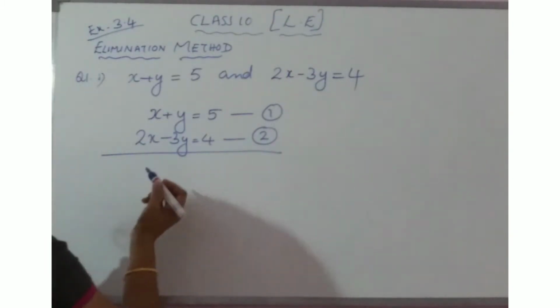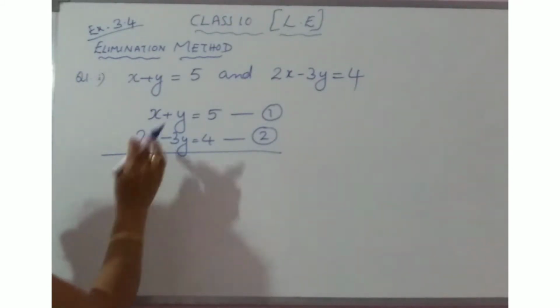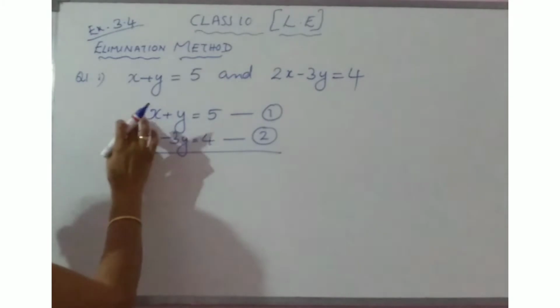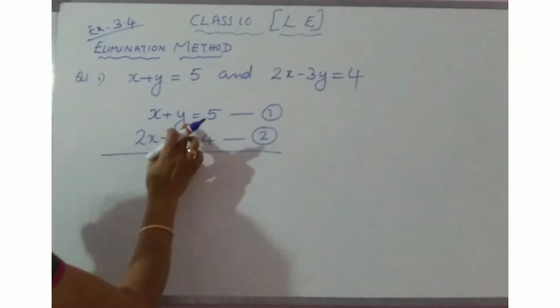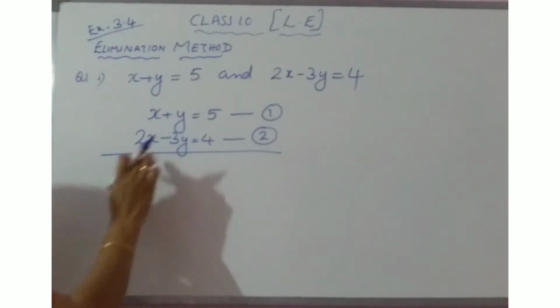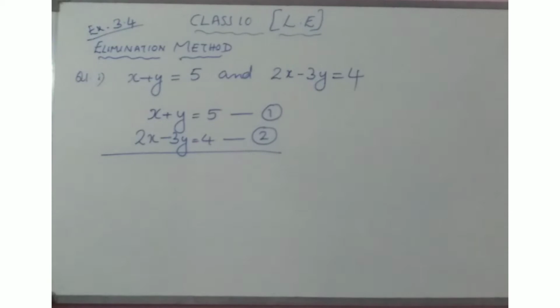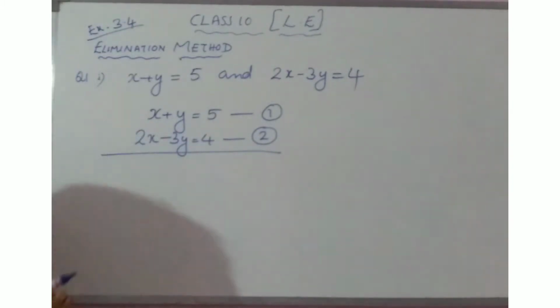For elimination, we have to look at the coefficients of the variables. The coefficient of x here is 1 and the coefficient of x here is 2. The coefficient of y here is 1 and the coefficient of y here is minus 3. To eliminate one variable, we have to equate the coefficients of that variable.